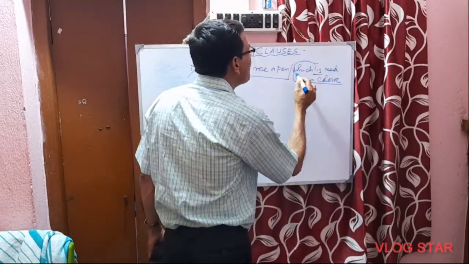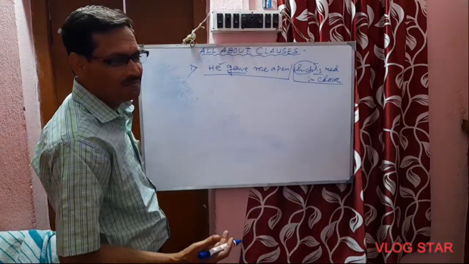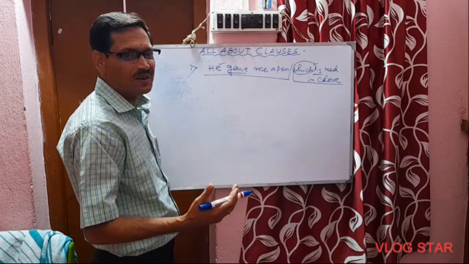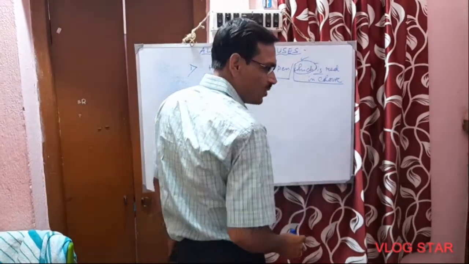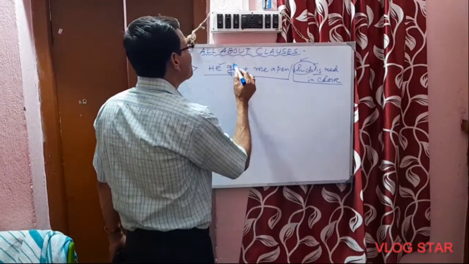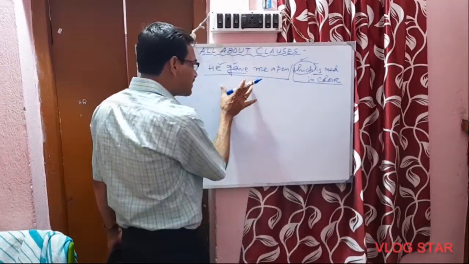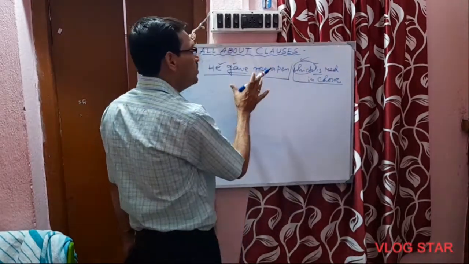Not which is a clause, that is... many of my students who are not too much acquainted with the words. It is an interrogative pronoun, not a clause. But this is a part clause. Okay? Now it has a finite verb, it is a part of a sentence. It can express meaning, but partially and not fully.